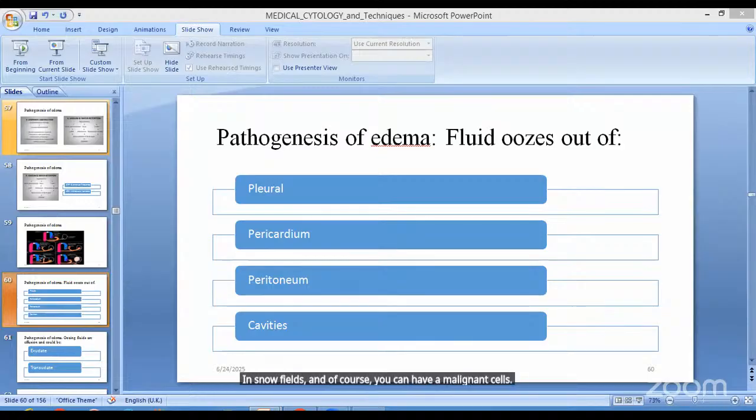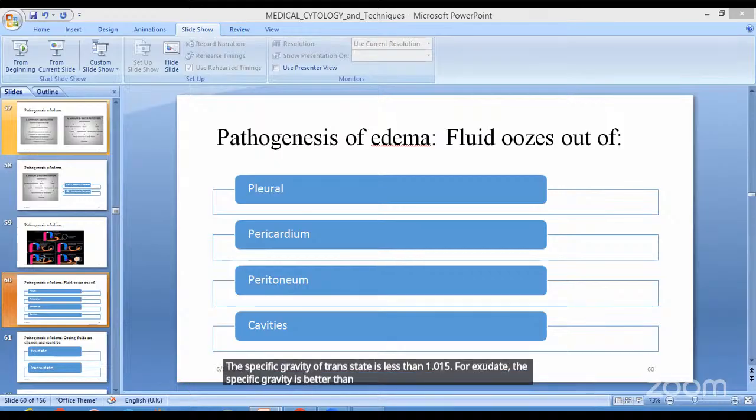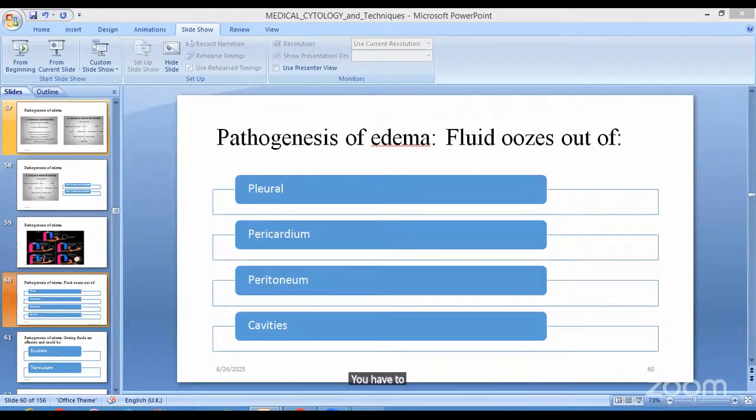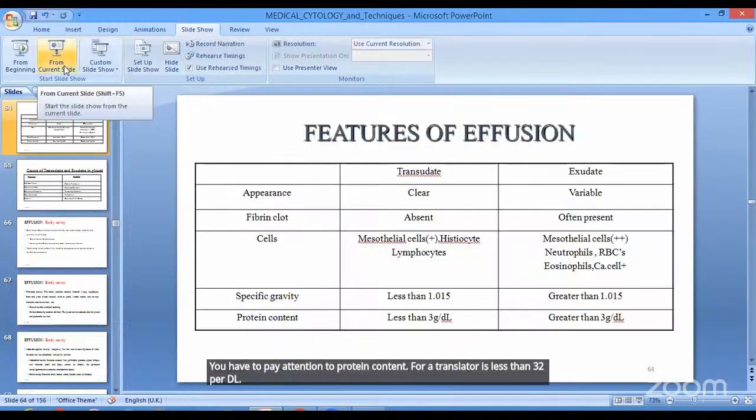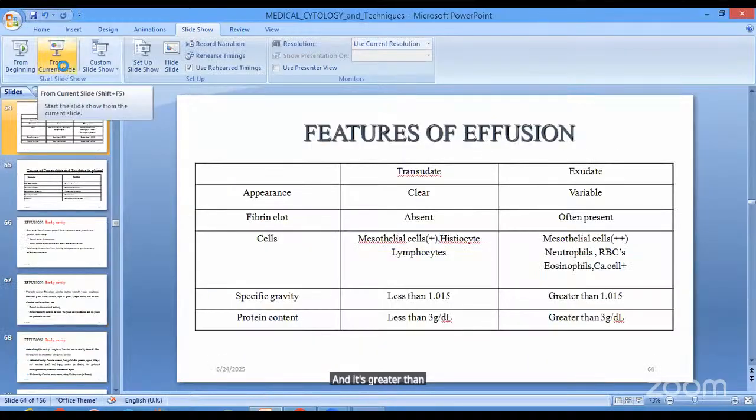The specific gravity of transudate is less than 1.015. For exudate, the specific gravity is greater than 1.015. These are very important points you have to pay attention to. Protein content for transudate is less than 3 grams per dL and is greater than 3 grams per dL for exudate.